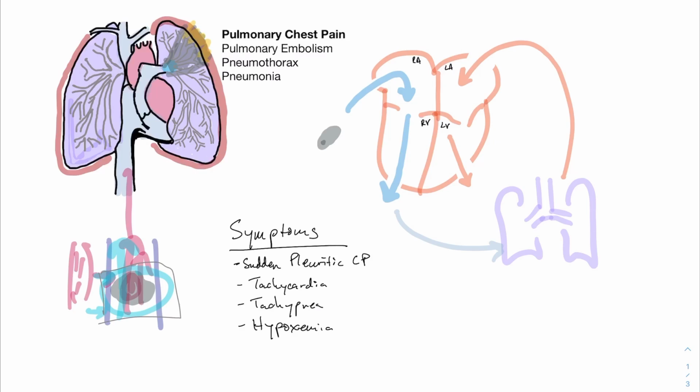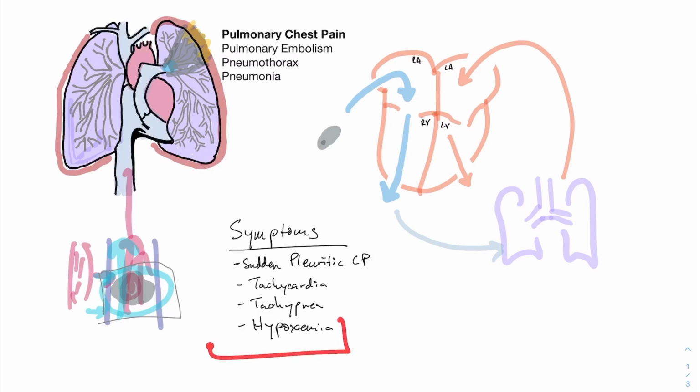And so your body senses that as having a mismatch between the amount of blood that is coming in and the amount of oxygen that's able to be transferred into it. And so your body's going to try to breathe faster to be able to get more of that oxygen inside, because this is limiting the amount that you can push in and the amount that you can actually oxygenate your blood. And so the tachypnea is a way to overcome that.